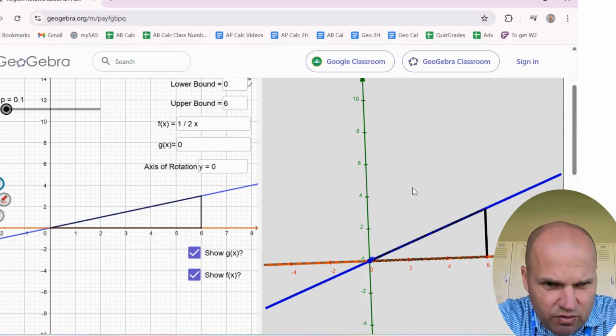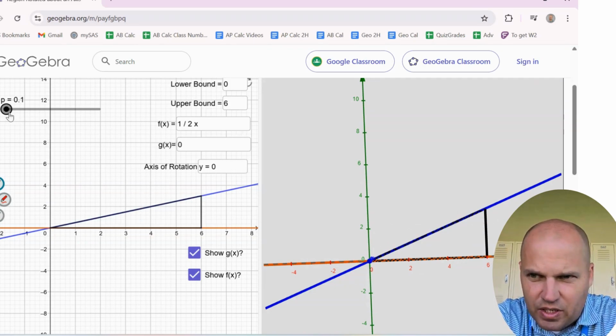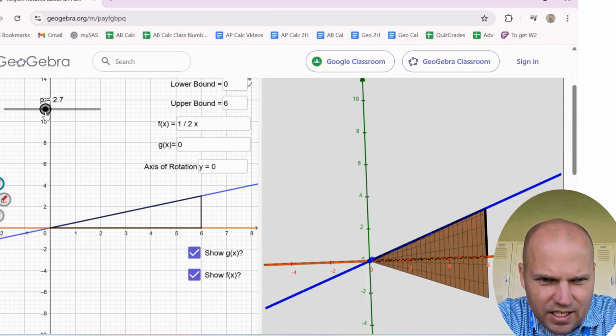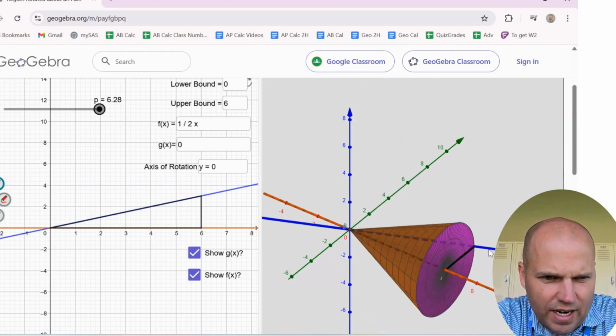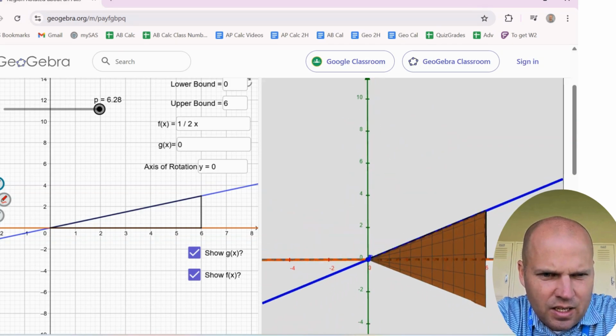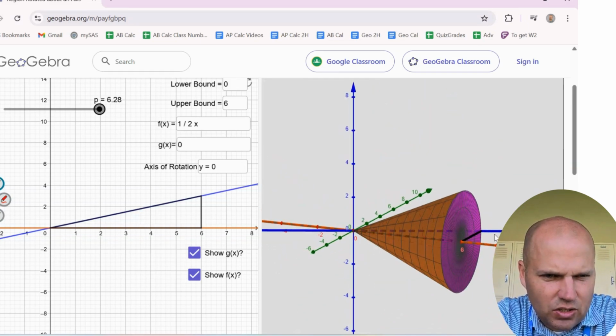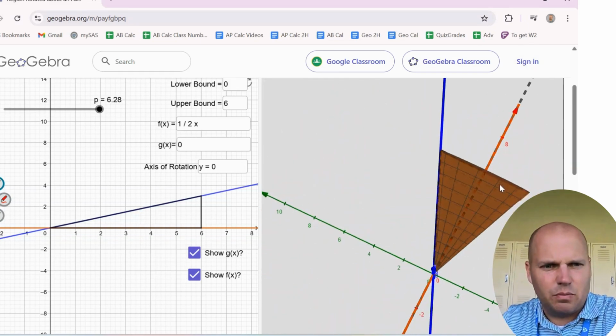Here's the region right here. Spin this around the x-axis and it creates a cone. What is key about the cone? The circle is on the right side. This is the height. There's the circle on the right side.